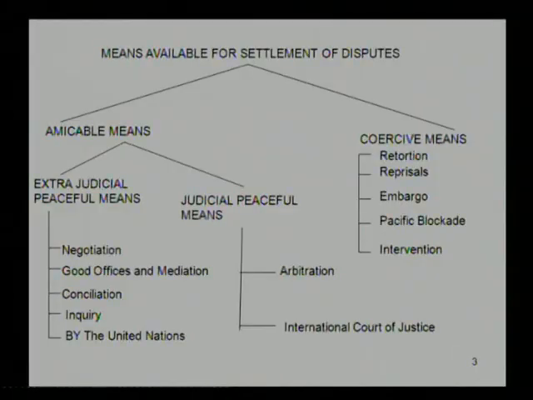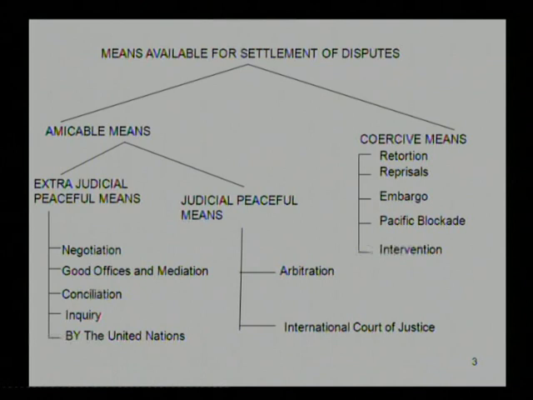Now let's go through the second slide, which shows the modes for the settlement of disputes. This chart states the means available for settlement of disputes. How many means are available?